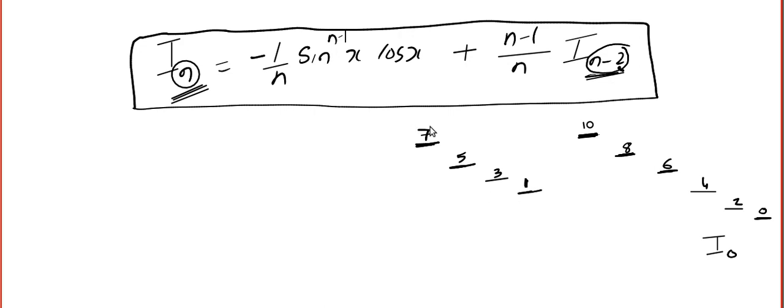That means if you start with an odd number, ultimately you will reach I_1, and if you start with an even number, ultimately you will reach I_0. And a reduction formula will be complete only if you find the ultimate integrals. Anyway, in your exam, you may get full marks when you complete this, but trust me, the answer is not perfect.